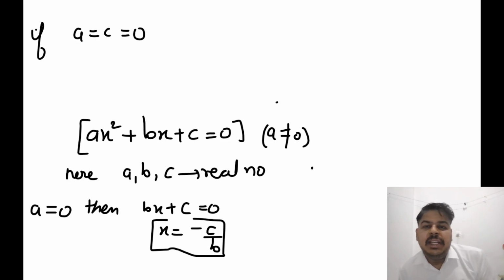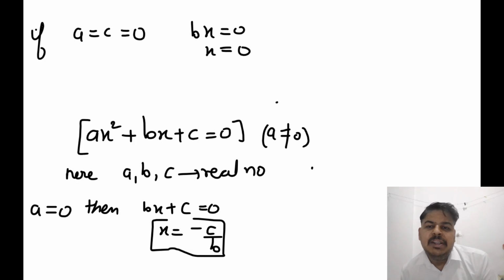Then in the equation b is equal to 0 and the roots are x equal to 0 point b. Then there are infinite roots. It belongs to the value of 1, 2, 3, and many more. It can be any value.